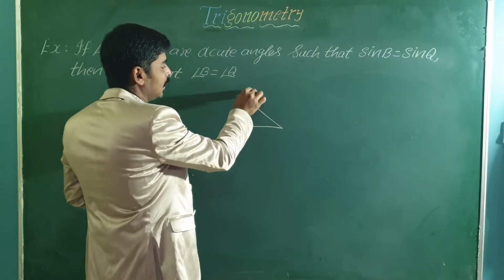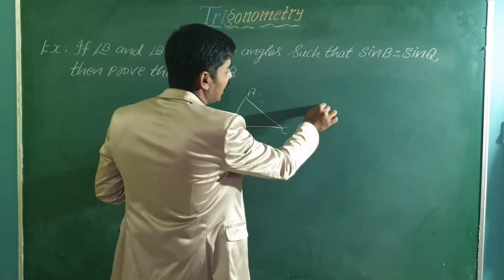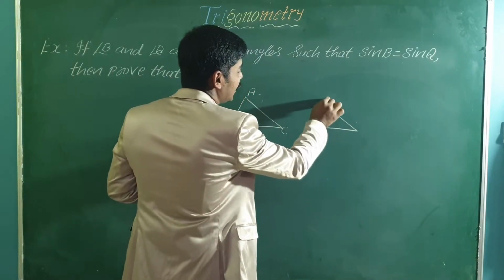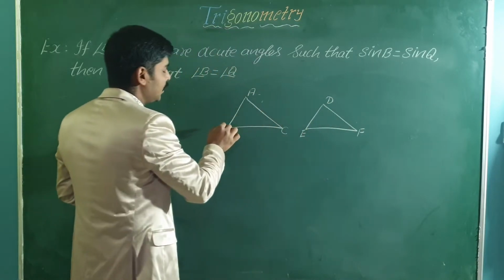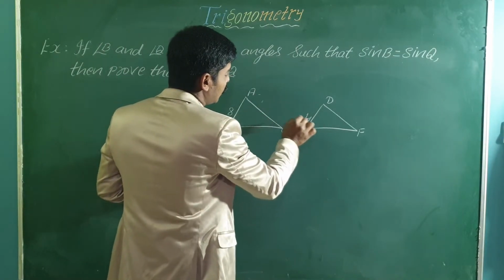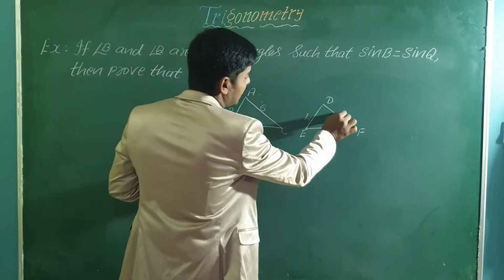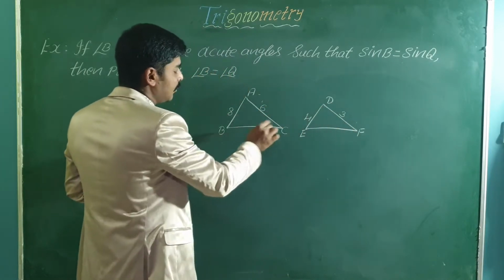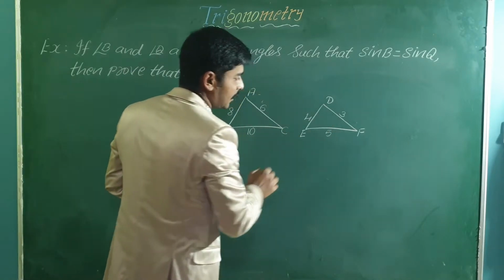I'll consider two triangles ABC and DEF. Let me assume that AB is equal to 8 cm and DE is equal to 4 cm, AC is equal to 6 cm, DF is 3 cm, BC is 10 cm and EF is 5 cm.